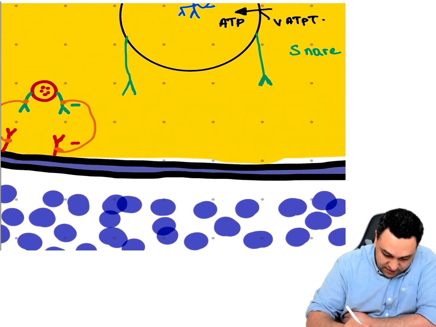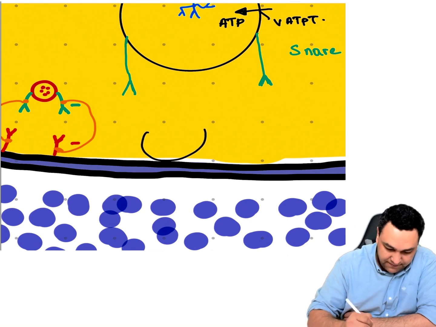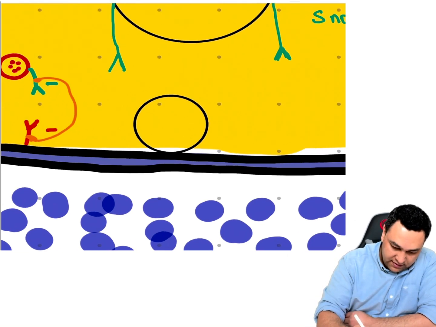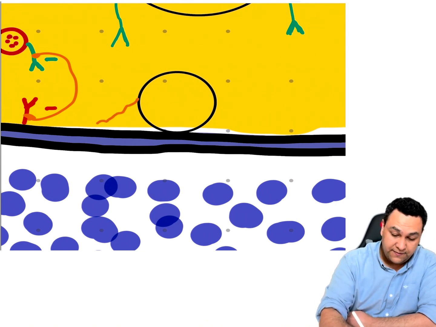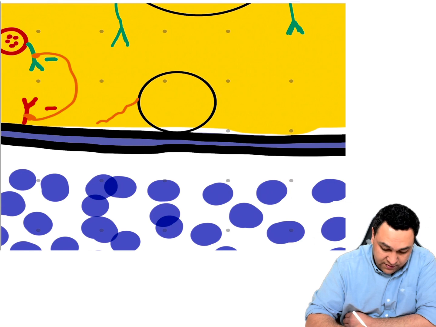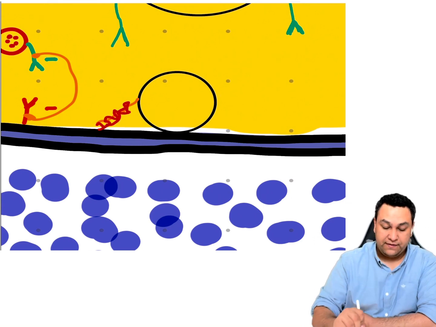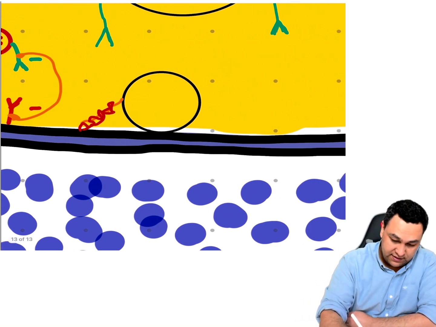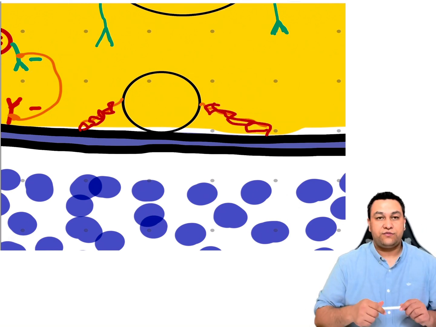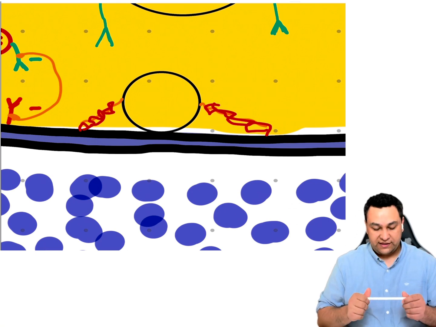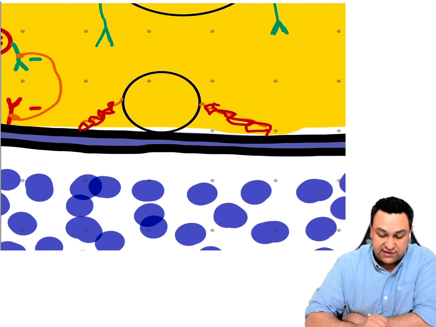Now, here is our vesicle, let's say, and this was the snare protein of the vesicle, and this was the snare protein of the neuronal membrane. Again, the same thing here, and the membranal snare protein. So they joined with each other, and they started moving like this, coiling and twisting like that.